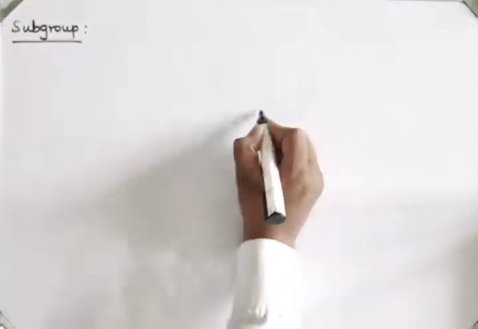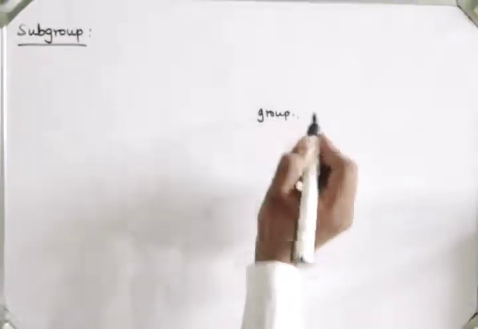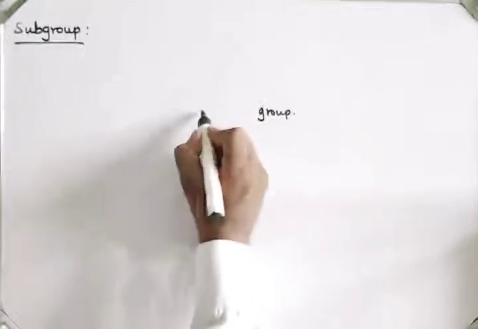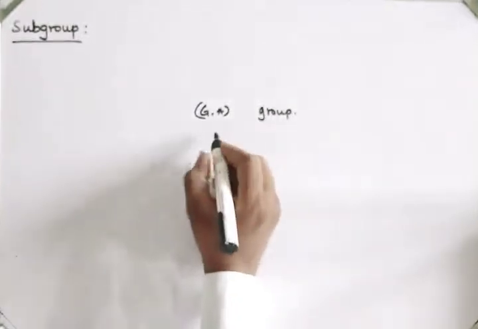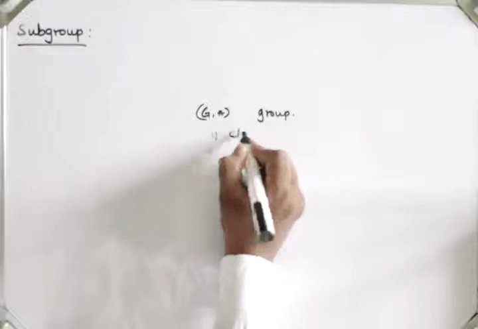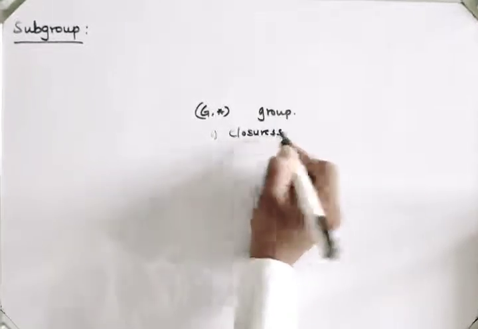So subgroup. What is meant by subgroup? First we have seen what is meant by group. We say that G is a group under binary operation star if the first condition, the closure property, is satisfied.